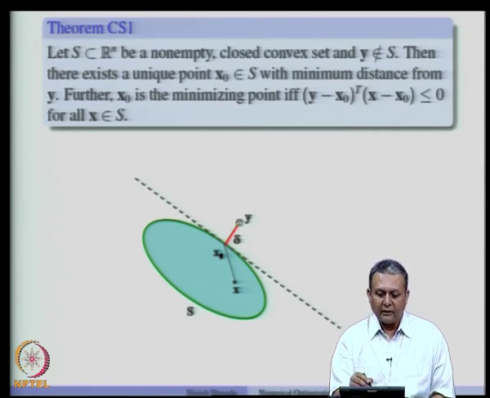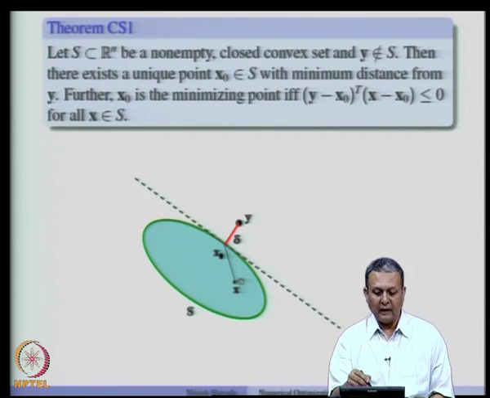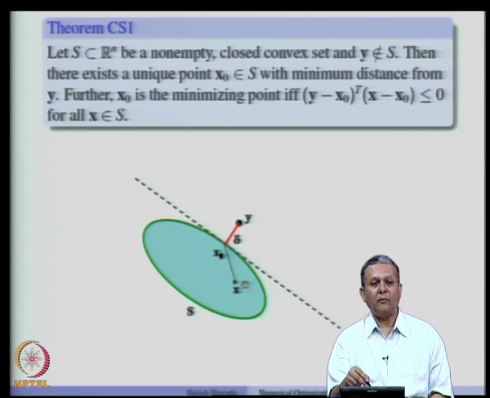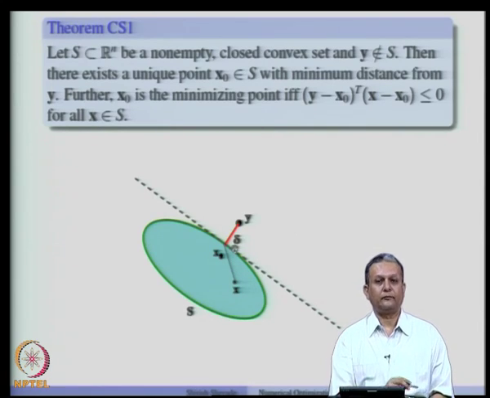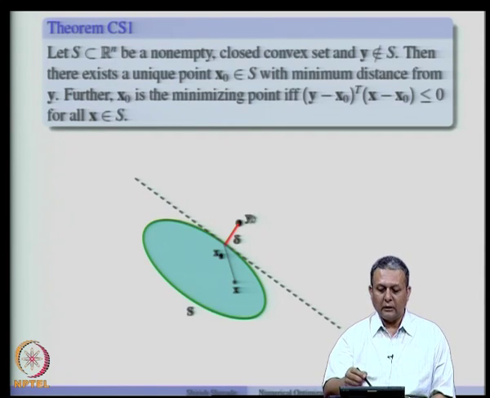Now, if we consider the vector y minus x naught, and then take any x in the set S and take the vector x minus x0, you will see that the vector y minus x0 always makes an obtuse angle with the vector x minus x0. So, this is the interpretation of this result. Now, if we take a hyperplane whose normal is the vector y minus x naught, that hyperplane at x naught is shown here.